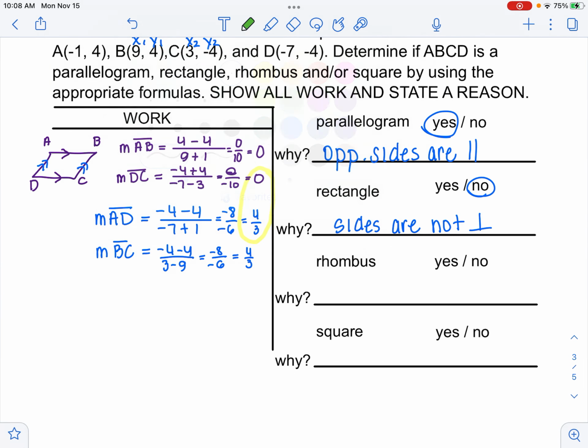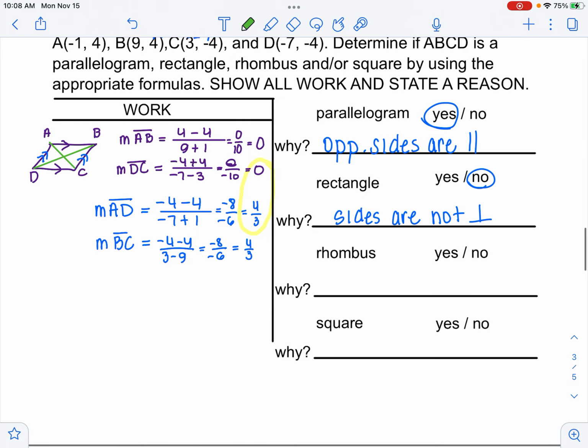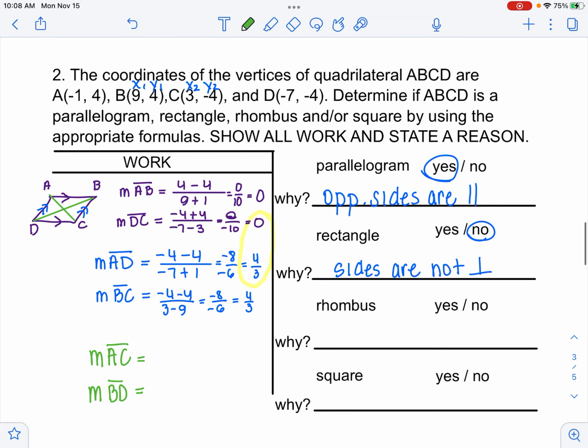All right, next we're going to check to see if this is a rhombus. Remember, we use the diagonals to do that. So I'll draw in my diagonals. That's BD and AC. So I need to find the slope of AC and the slope of BD. All right, let's start with AC.